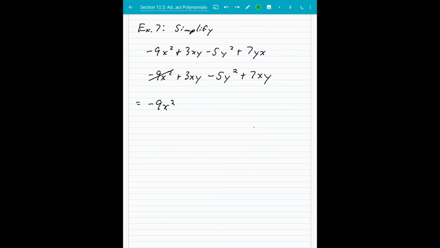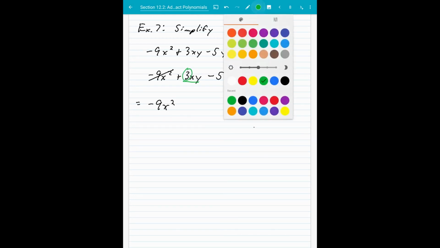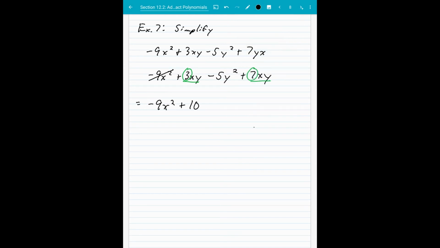Next one, I need to look for another term that has an x and a y. Only an x and a y. I'll show you another example where they could be a little different. So for that one, I find an x and a y right here. If I combine the 3 plus the 7, that would make plus 10xy.